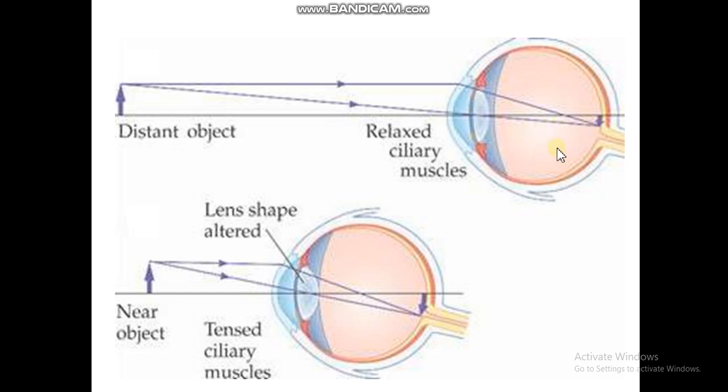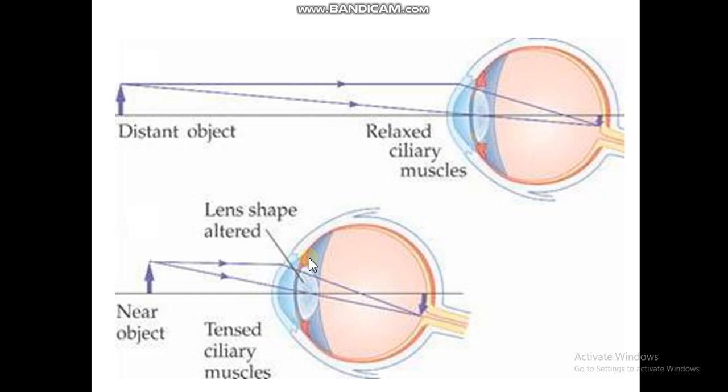But when the object is brought near the eye, the ciliary muscles get tensed and contract, and they act on the lens, and the focal length of the lens changes. To focus on the object, the focal length must be changed.